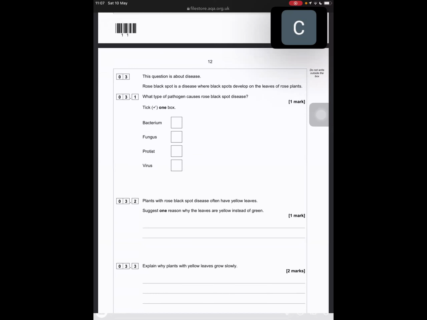It says plants with rose black spot disease often have yellow leaves. Suggest one reason why the leaves are yellow instead of green.